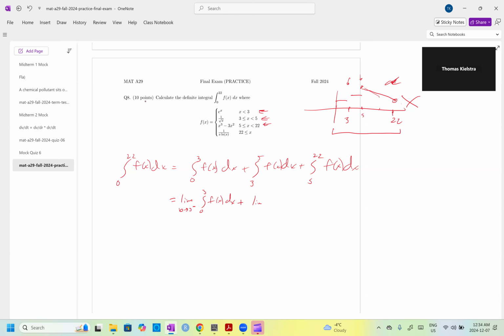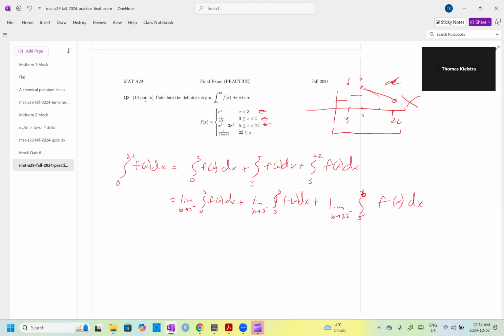So this equals the limit as b approaches 5 from the negative side of the integral from 3 to b of f of x dx, plus a similar thing for the limit as b approaches 22 from the negative side of the integral from 5 to b of x cubed minus 3x squared dx. Sorry, let's just write it as f of x.